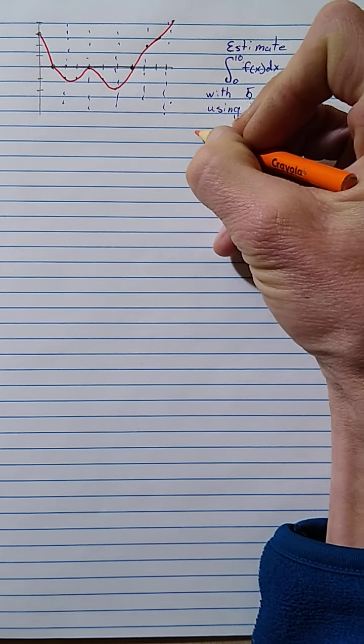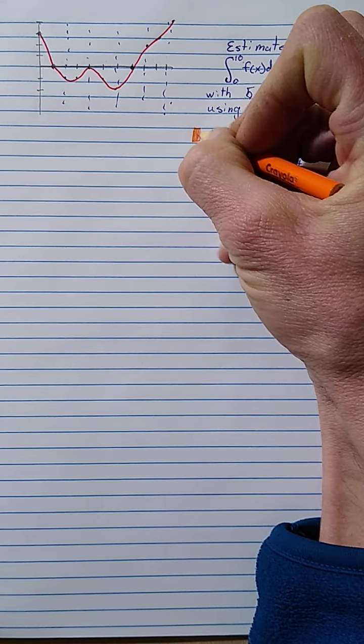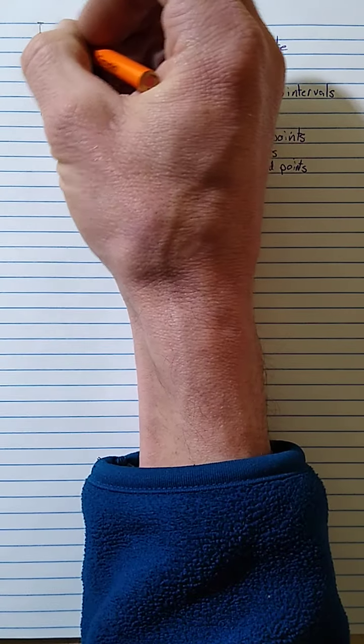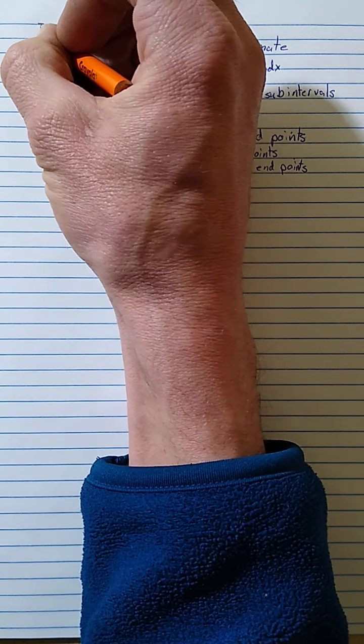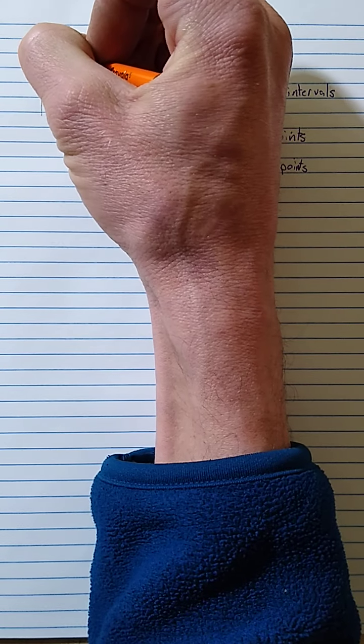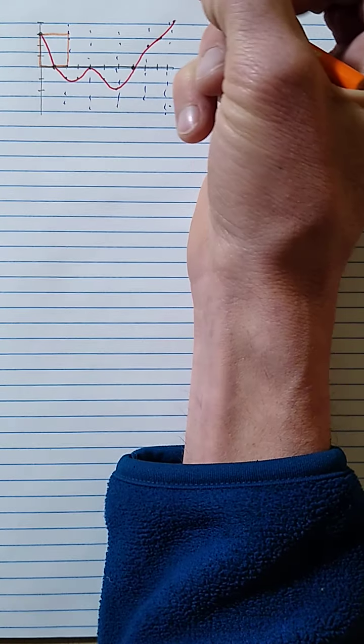Okay. And then in order to do, say, left endpoints, I'll use some color here. So we'll call our left endpoints orange. Then all I do is go to the left side of each interval and draw a box that's even from the x-axis up to that.